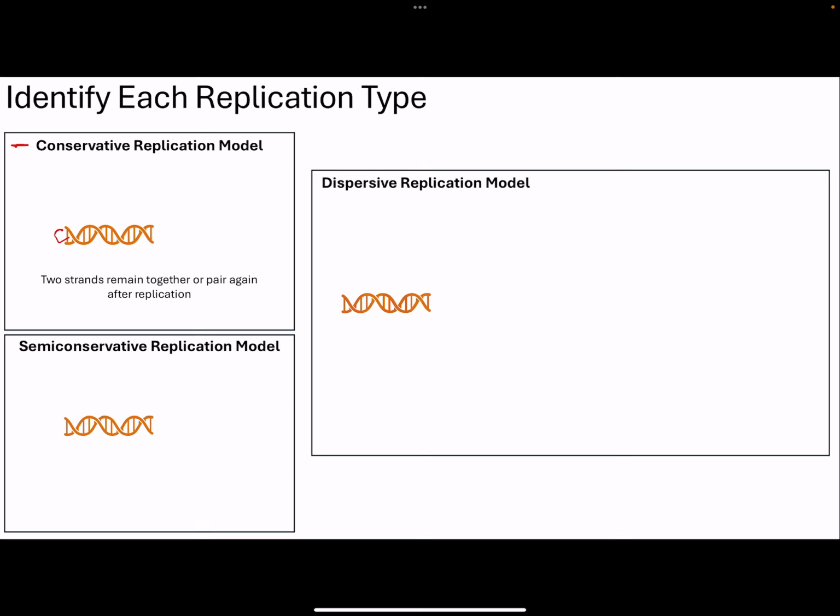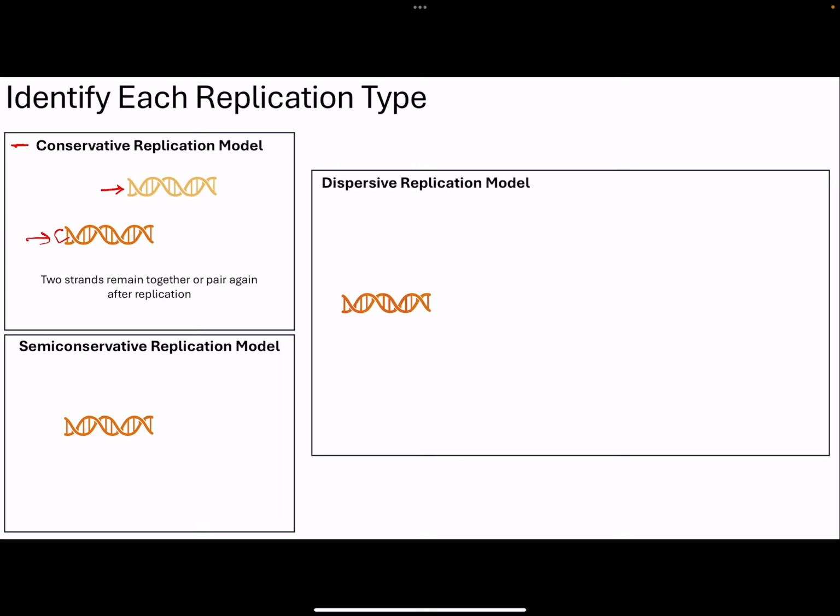What this looks like is that an exact copy of both strands of the double helix is made, and when you're done with DNA replication, you have two copies: one entirely old double helix, the one we started with, and one entirely new double helix of DNA.